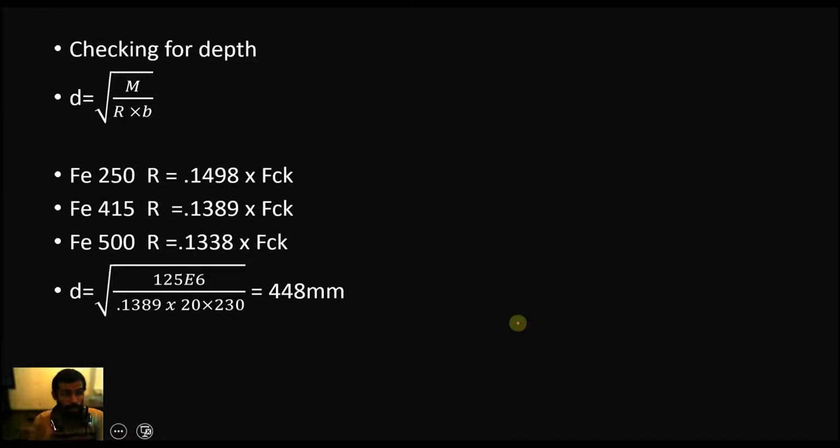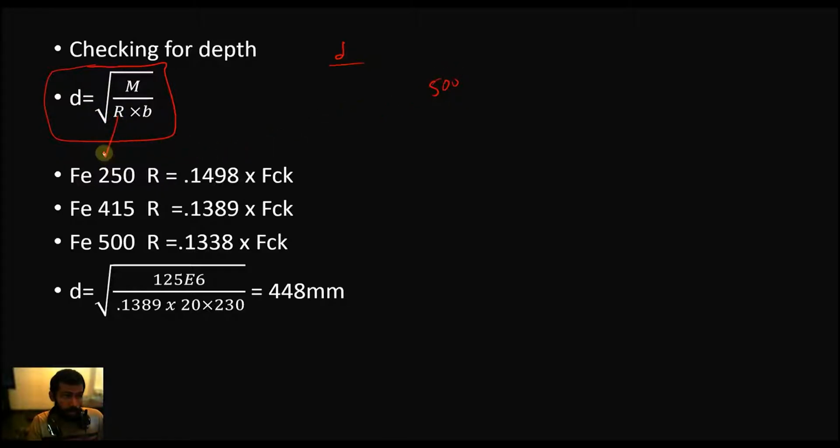After that, we need to check the depth. We have assumed the depth is 500, and we are going to check whether that depth is adequate or not. The formula to find the depth is d equals root of M by R into b.